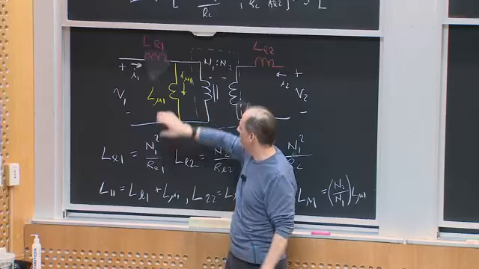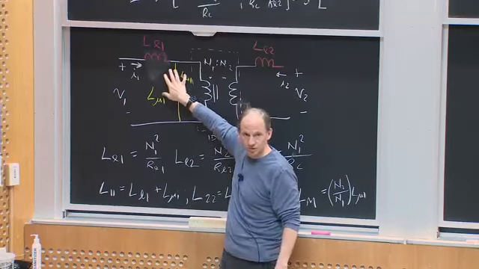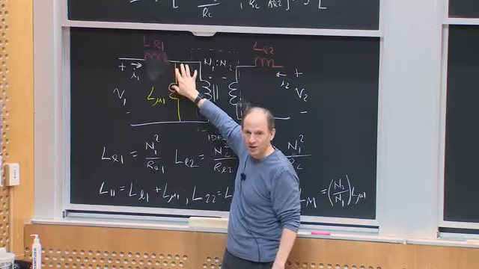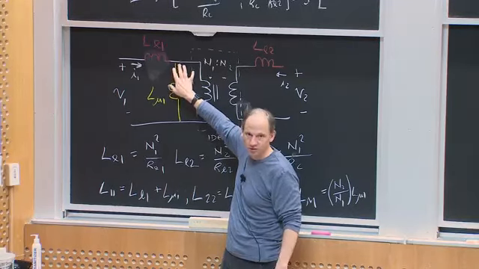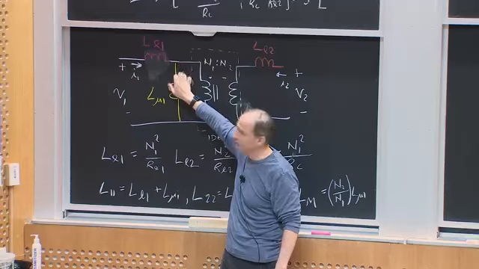And this magnetizing inductance is really the reason why we can't apply DC, right? Because I can only have some finite flux density before the transformer saturates.